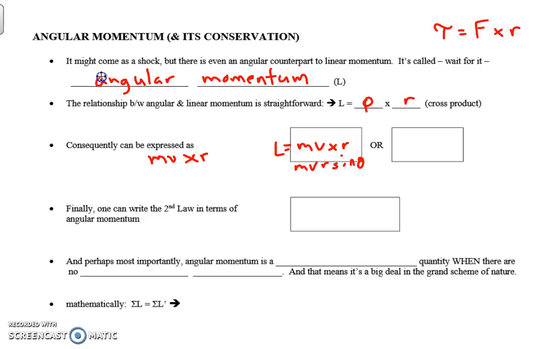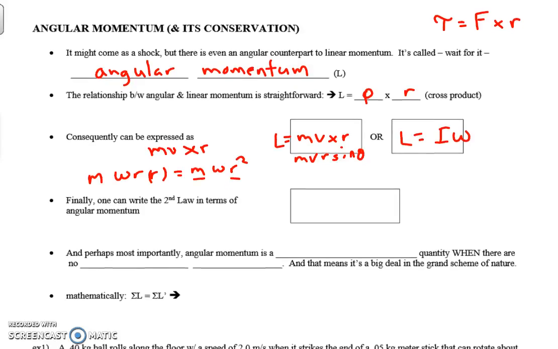Now we can tweak this a little more. Assume it's perpendicular, so theta is 90 and this is just mvr. We know that v is omega times r, so we have m omega r squared. Well, mr squared, again, is the moment of inertia. So another way of expressing angular momentum is I times omega, which kind of makes sense. mv is what we have for linear momentum, so I omega is for angular momentum.